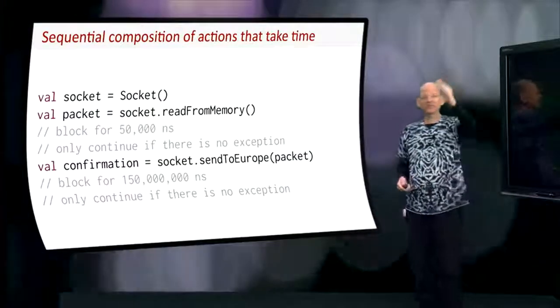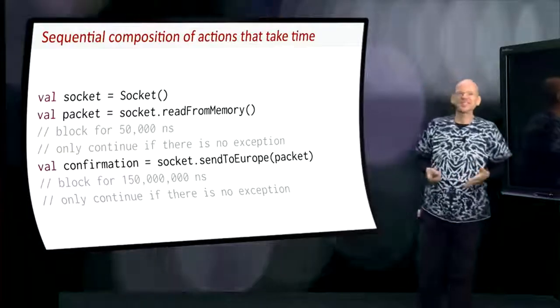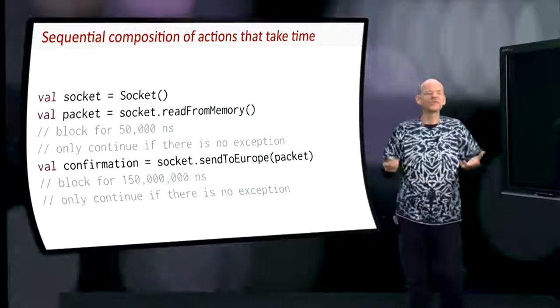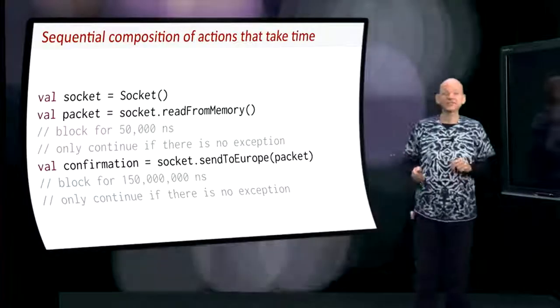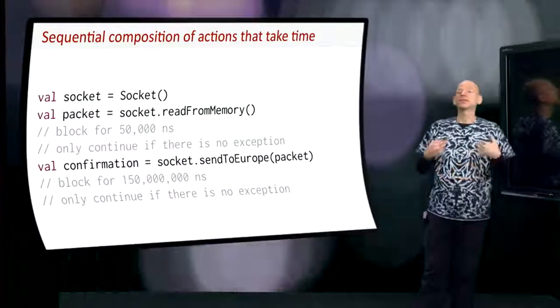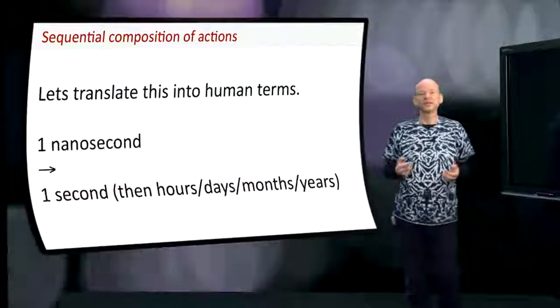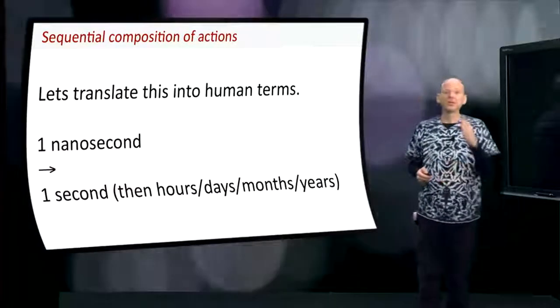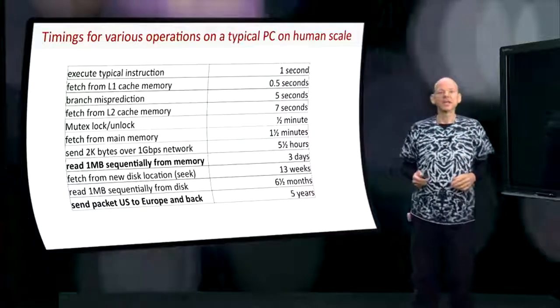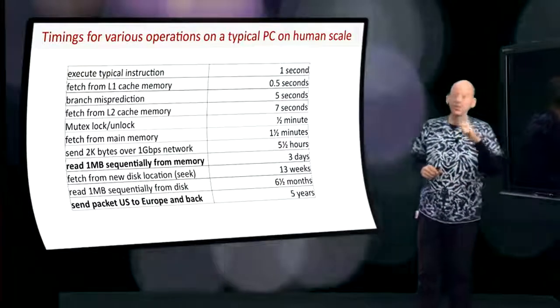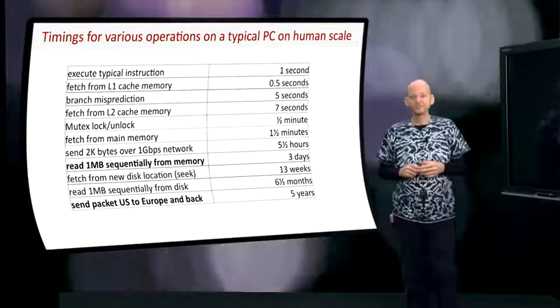The table says reading from memory takes 50,000 nanoseconds. Who cares? So let's change these numbers into something that we, as humans, can understand. So 1 nanosecond becomes 1 second, and then we'll turn that into days and hours. Now we get a much better picture.